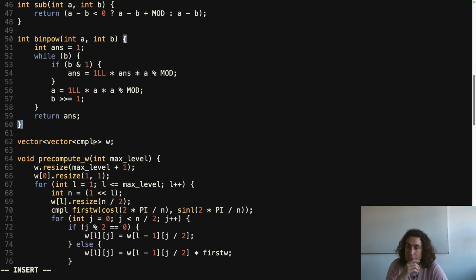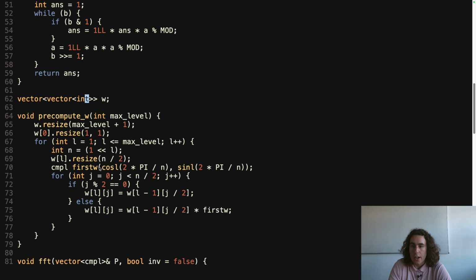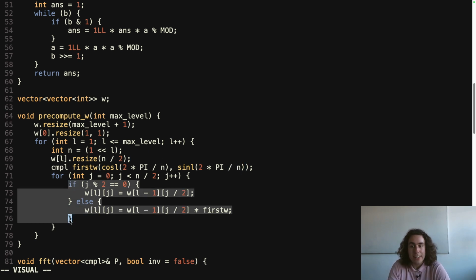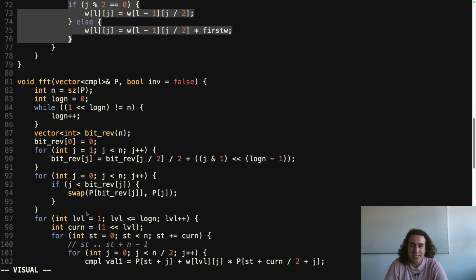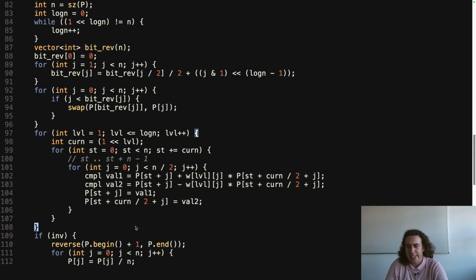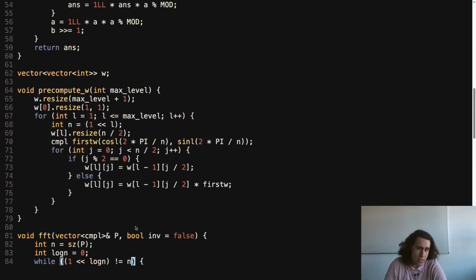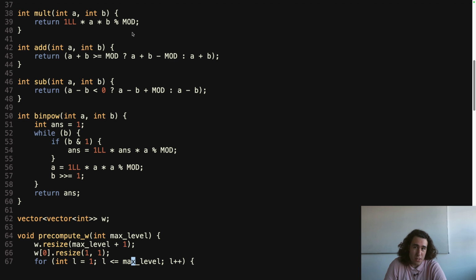Good, now we have these values W that we need to compute. They're going to be integers. Here we need to compute the first primitive root, right? Actually, now there is no problem with multiplying, because multiplying a bunch of times, we still work in integers, so there are no precision errors. But still, if you do it here inside FFT, you're going to have additional n log n multiplications modulo, which you need to take mod, so that's kind of long.